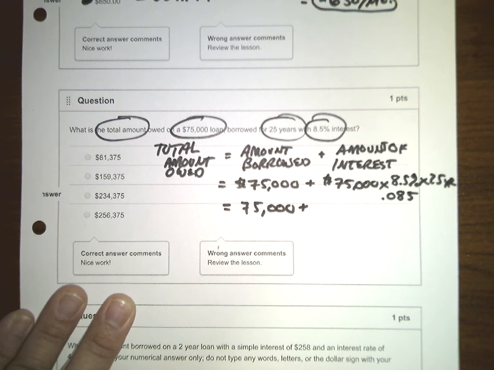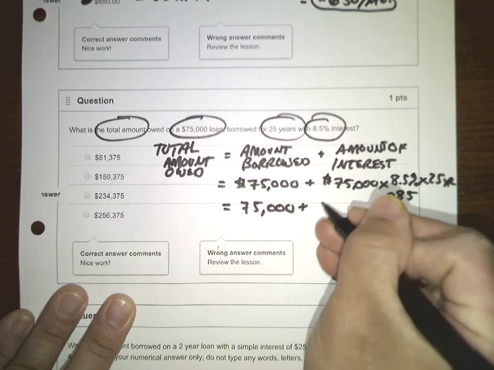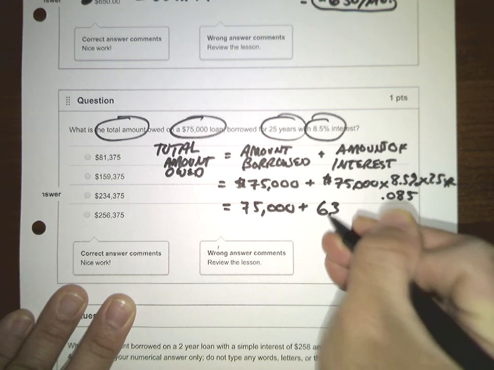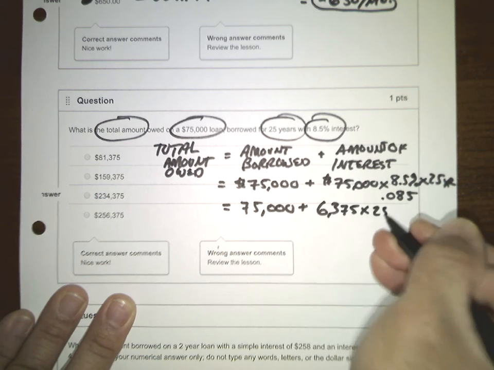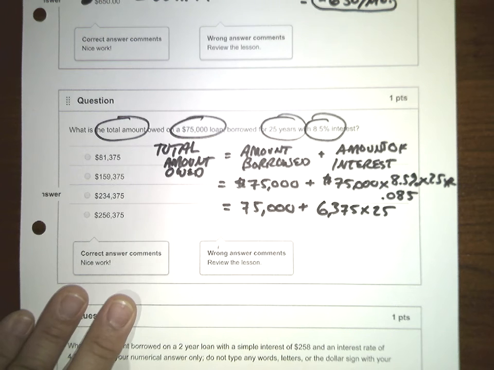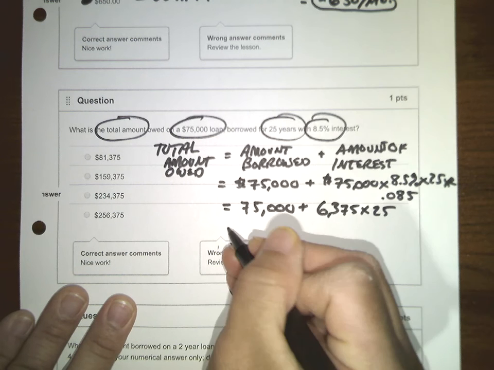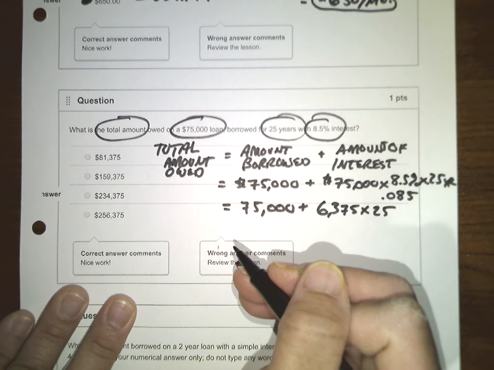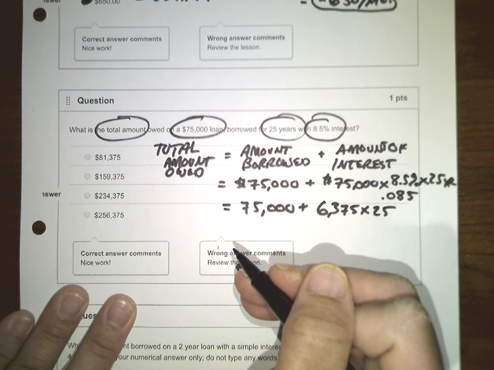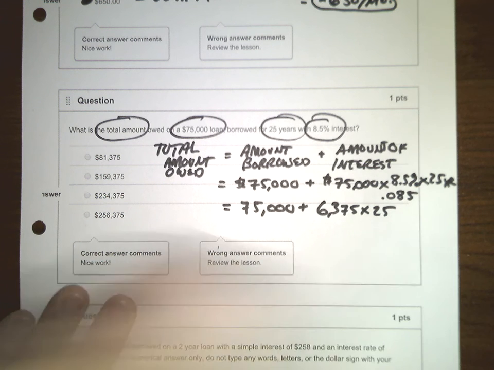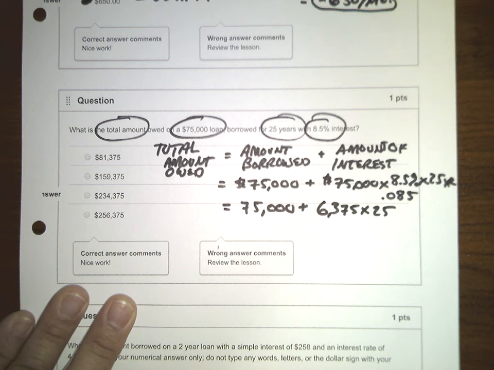So you can do that mentally here. That will be 6,375 times 25. So if I multiply that times 25, I get, what do I get here? Well, this is actually very, very interesting.